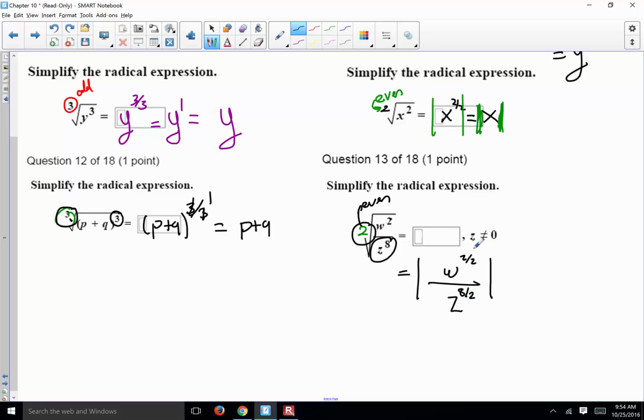Okay, and we do simplification. So what is 2 over 2? What is 8 over 2? This is z, not 2, okay? Alright, this is acceptable answer.